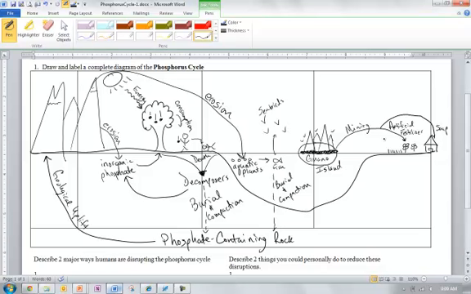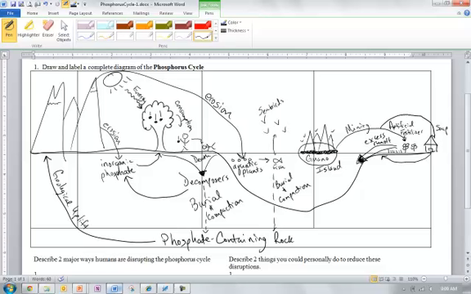Now, if you have too much phosphorus, you can have runoff. And you can also have runoff from your home. So there's an arrow going from the house to the runoff that's coming off of the fertilizer from the crops too.